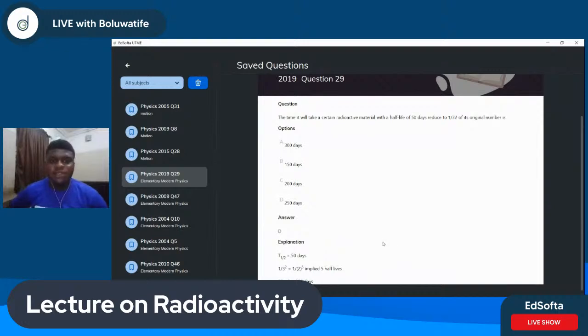Now look at this question. It says the time it will take a certain radioactive material with a half-life of 50 days to be reduced to 1 over 32 of its original number is. That is pretty easy to figure out, and I'll show you how.